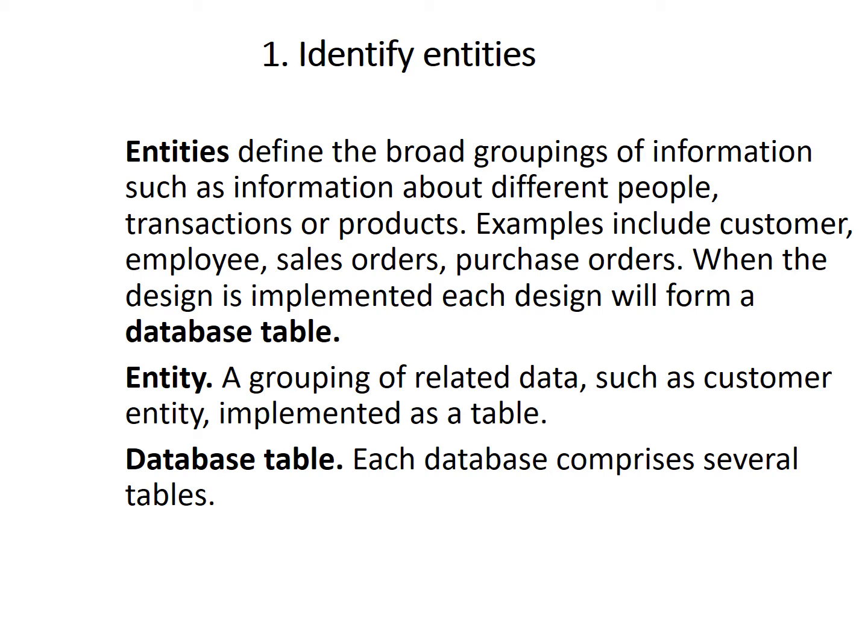But if we saw the links between these different database tables, the database tables had one link, so we could link the customer to different database tables. Otherwise, we wouldn't be able to pull up additional information about that customer. Entity, a grouping of related data, such as customer, implemented as a table. And database table, each database comprises several different tables.